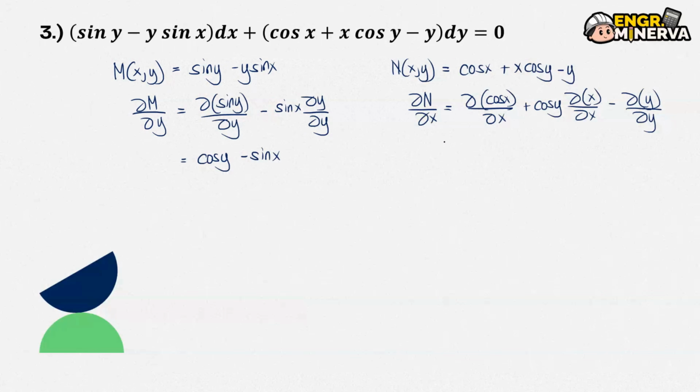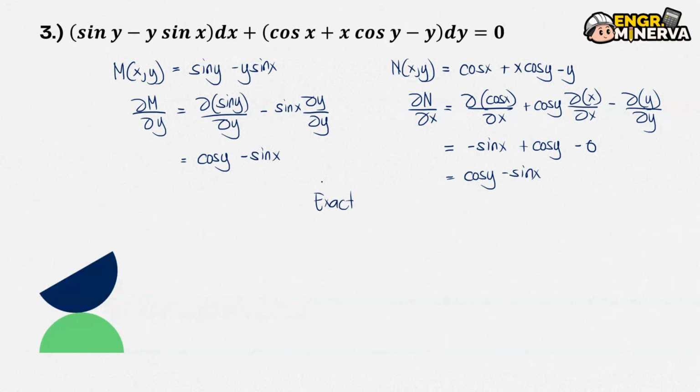So that would be the derivative of cosine x, that is negative sine x, plus cosine y minus 0. And eventually that would be cosine y minus sine x. So it means this differential equation is exact.